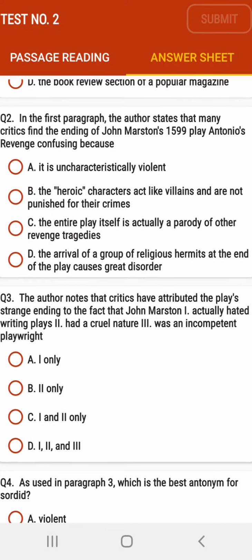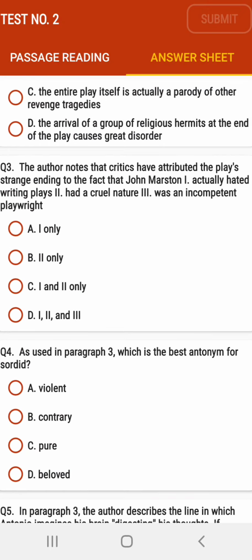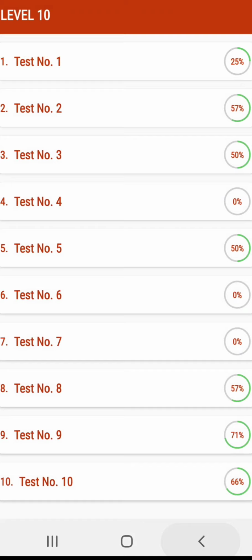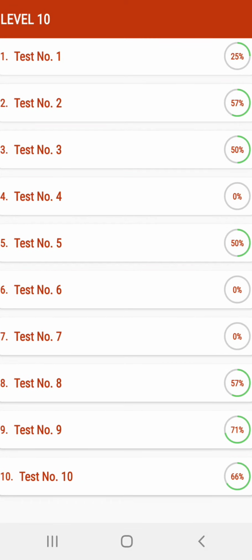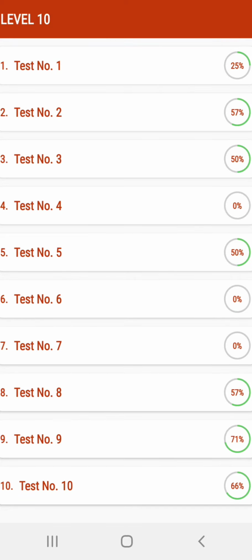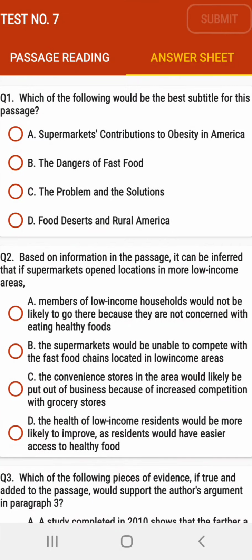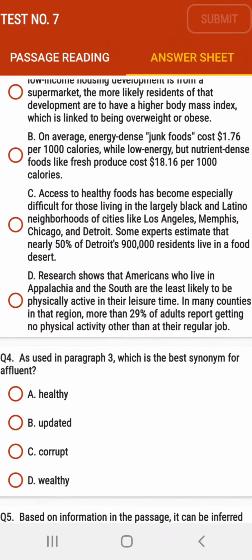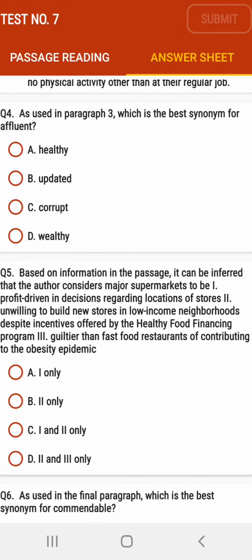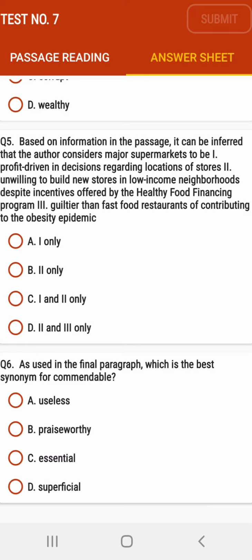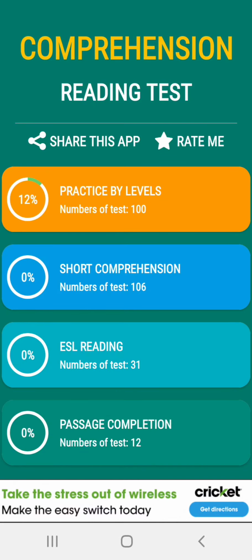These are question stems you're going to see on the exam, of course, because if you know the exam, you know that you are going to get question stems like these. Here's another one: based on the information in the passage, as used in paragraph 3, as used in the final paragraph. Yes, so that concludes what is in practice by levels.